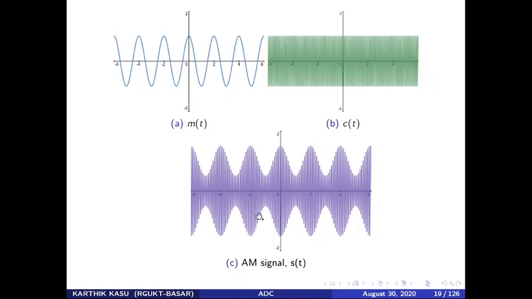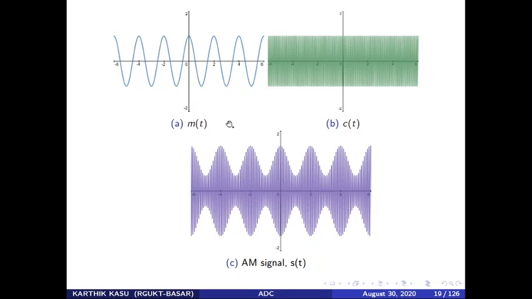So the amplitude of this S of t, or the amplitude of this modulated signal, is varying according to this message signal. If it is more, it is also more. If it is less, it is less. If it is again more, it is again more. If it is again less, it is again less.